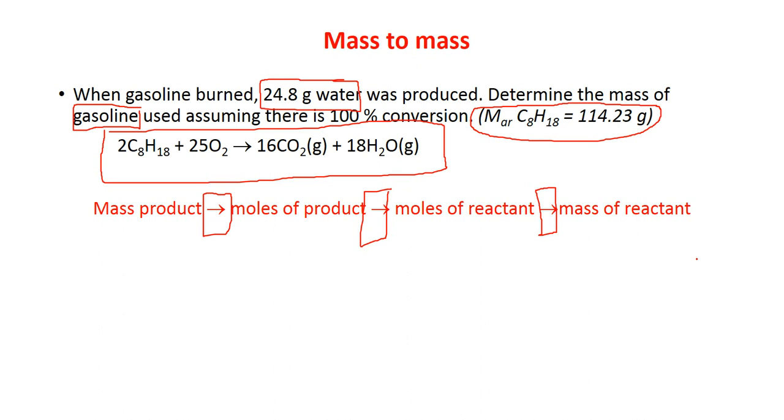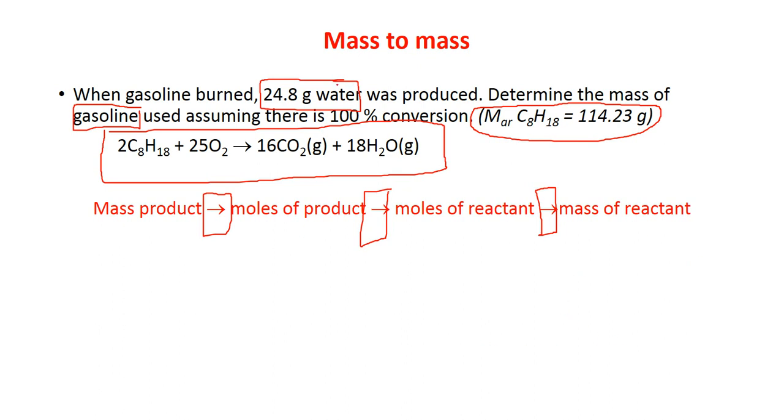What does this mean? It means this problem will start with the given quantity times conversion factor 1 times conversion factor 2 times conversion factor 3. And also let's look at the units.